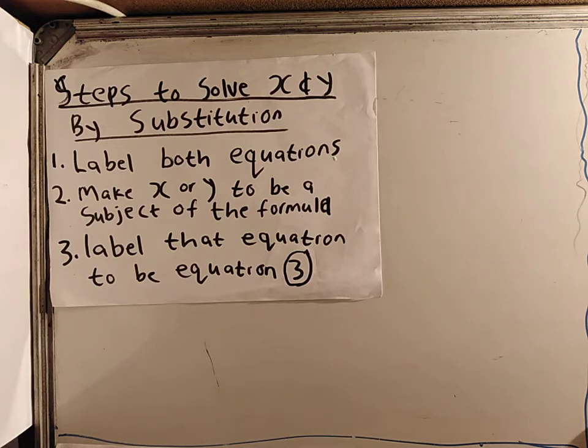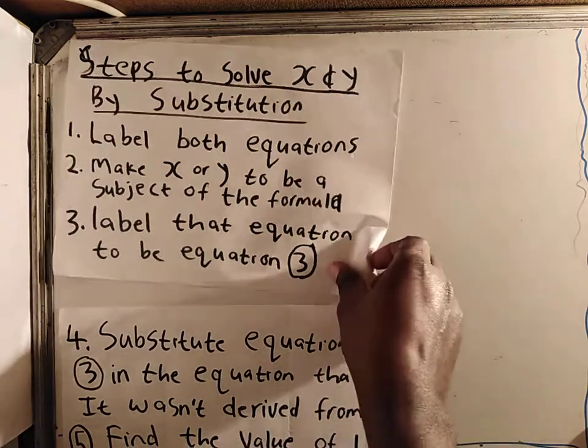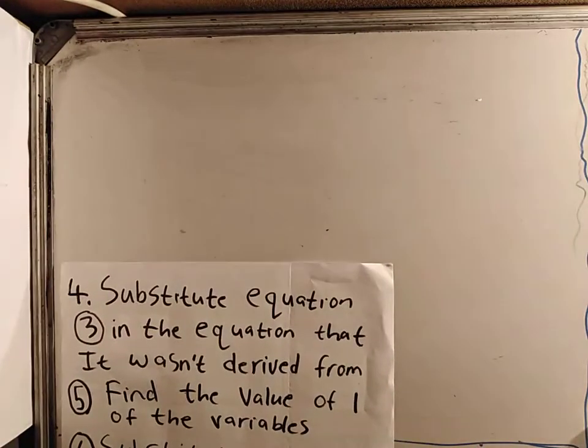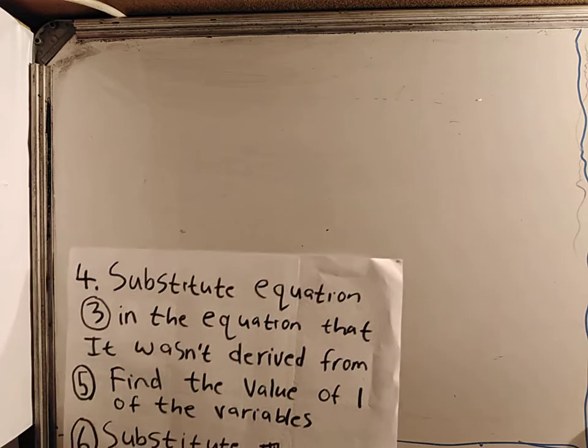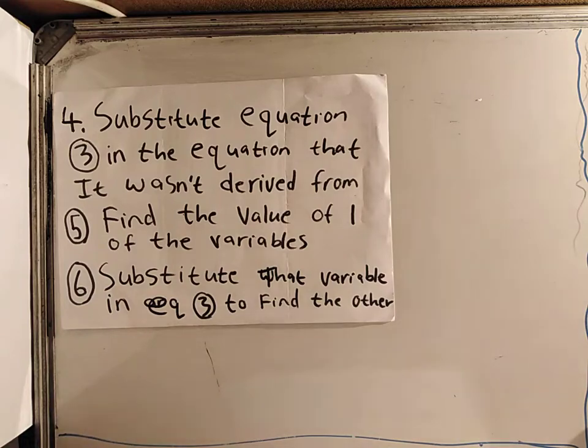Step number three, you must label that equation as equation number three. Number four, you must substitute the equation that you made in 3 into the equation that it wasn't derived from. Number 5, you must find the value of one of the variables. And number 6, you must substitute that variable in equation 3 to find the other variable.